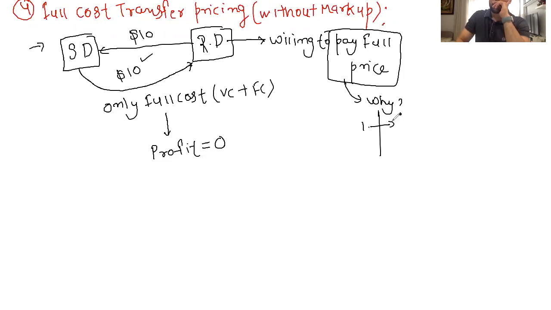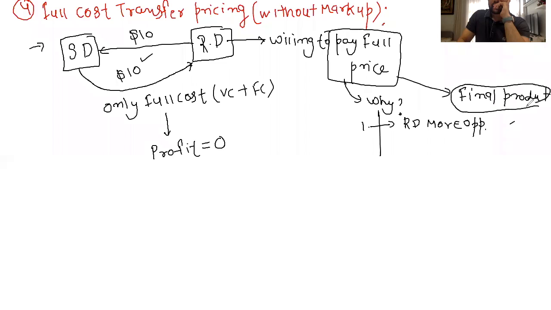Reason number one: the receiving division has more opportunity, because the receiving division is going to sell as a final product. It can increase the price to increase its profit. Of course, the receiving division is not going to sell at $10. It will sell at 11, 12, 13, 14, and so on, in order to make a profit.